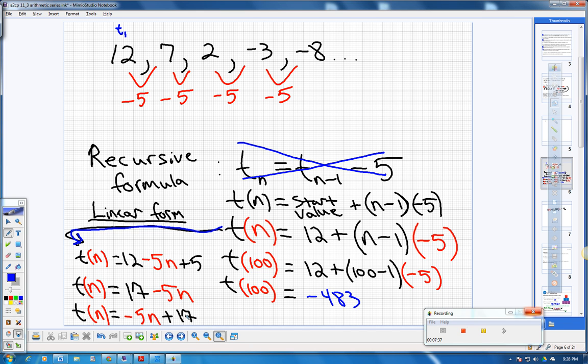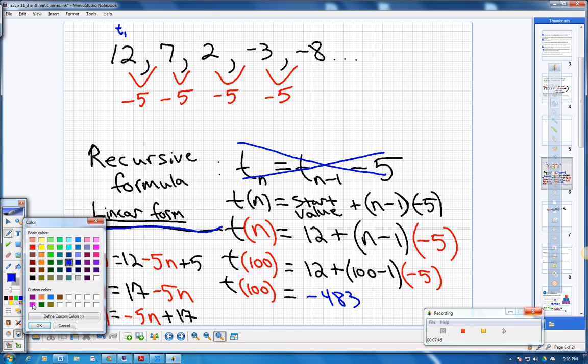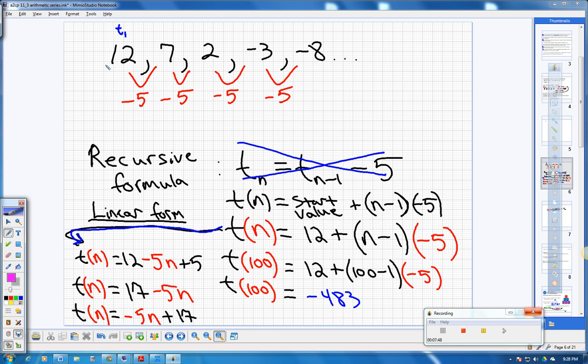Now, notice that positive 17 would have been my t sub 0. This t sub 0 here, and I can get t sub 0 by following the pattern backwards. You might know that the pattern backwards is adding 5. So adding 5, you would get 17. And notice that 17 is like my y-intercept.